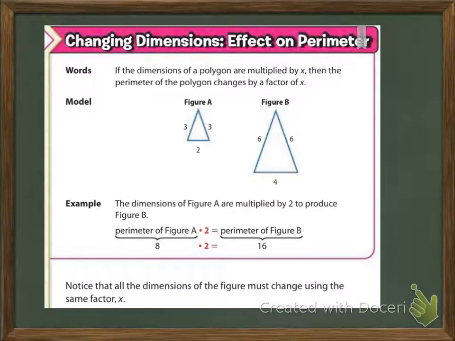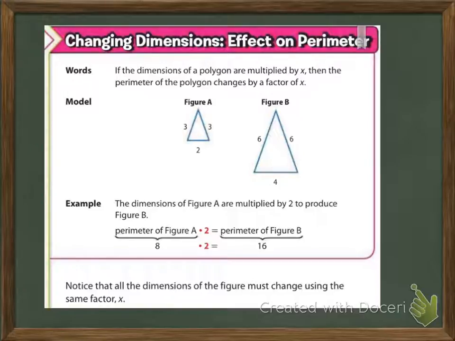All right, so it says changing dimensions effect on perimeter. If the dimensions of a polygon are multiplied by x, then the perimeter of the polygon changes by a factor of x. Figure A is a triangle that has 2 sides that are 3 and a base that is 2. Figure B has 2 sides that are 6 and a base that is 4.